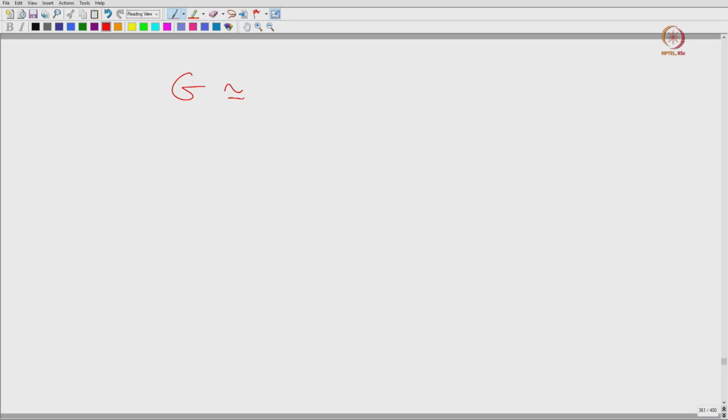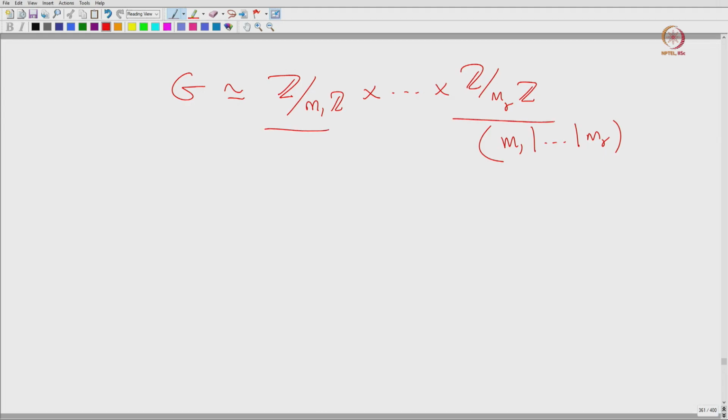You write G as a product of cyclic groups, like Z modulo m1 Z cross and so on cross Z modulo mr Z. You can choose mi such that m1 divides m2 and so on divides mr. So then, if you are interested in irreducible characters or irreducible representations of G, what we need to do is just take a product of irreducible representations of the individual ones.